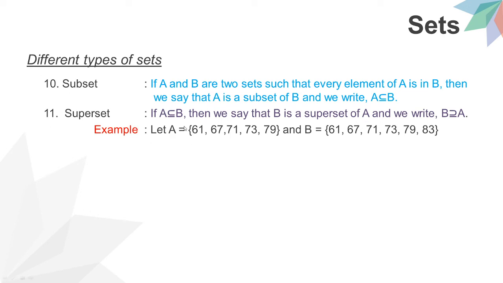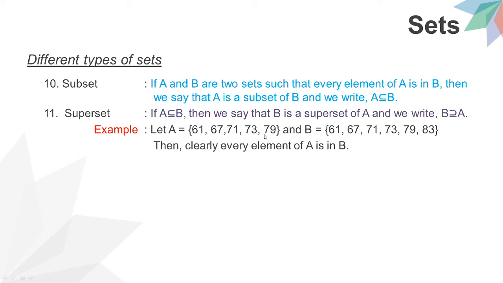Let A be 61, 67, 71, 73, 79 and B be 61, 67, 71, 73, 79 and 83. Then clearly every element of A is in B. See, 61 is there, 67 is there, 71 is there, 73 is there, 79 is there, and 83 is in B, but in A it is not there.